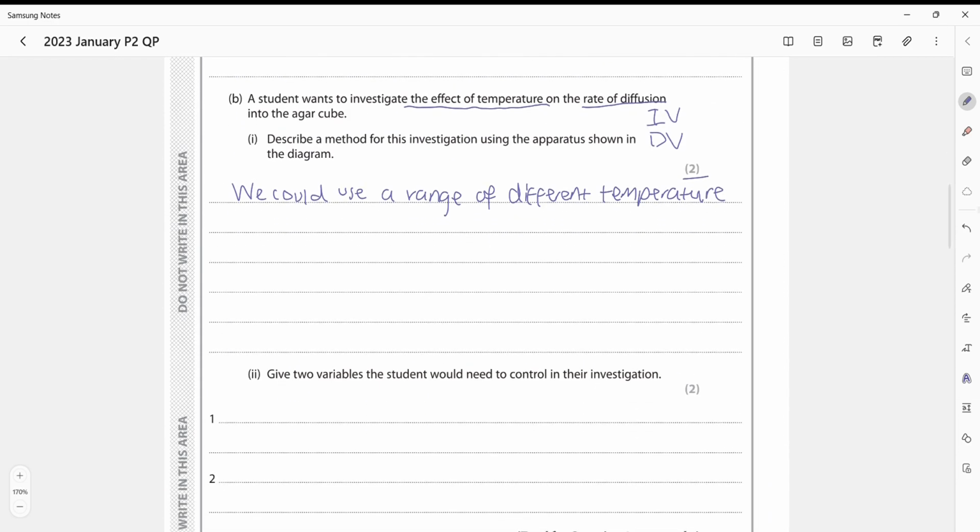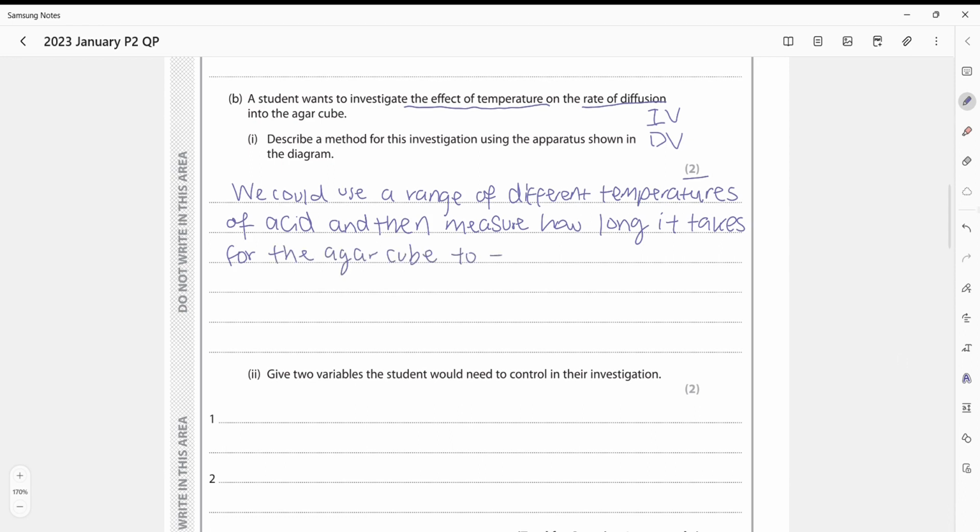So we could use a range of different temperatures of acid, so that's 1 mark, and then measure how long it takes for the agar cube to turn colorless.